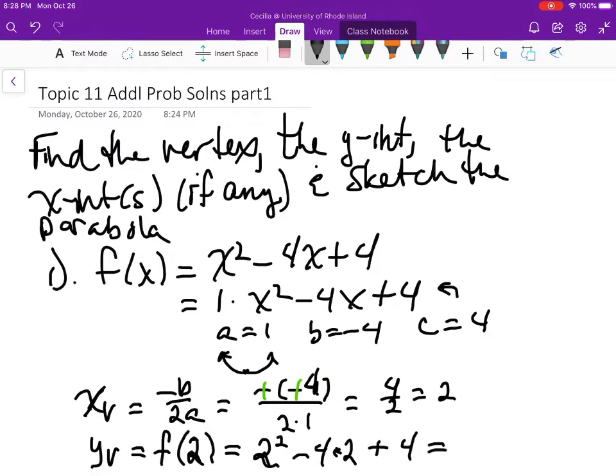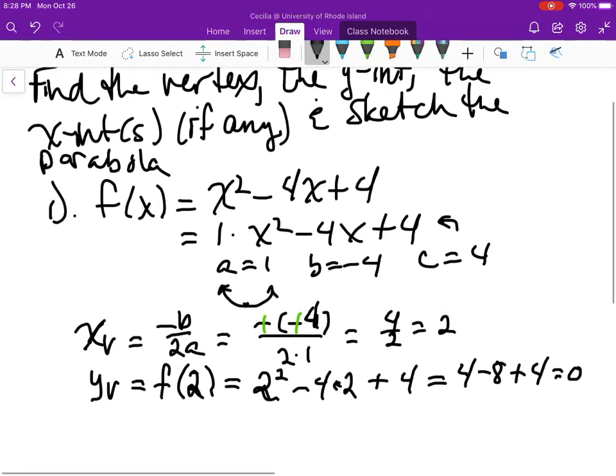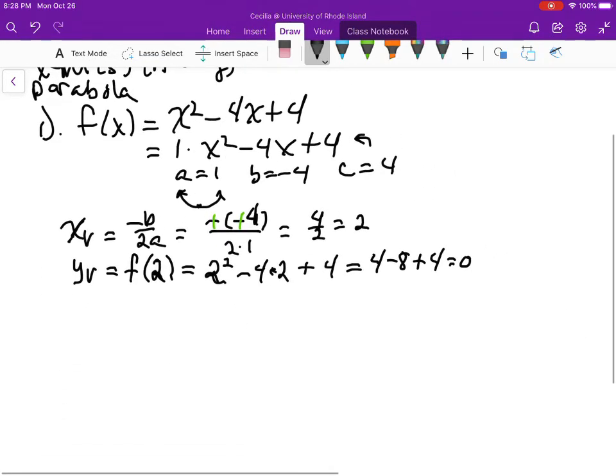So that is 4 minus 8 plus 4. And this one, it turns out, is going to have a y coordinate for the vertex of 0. Okay, so that's part A.